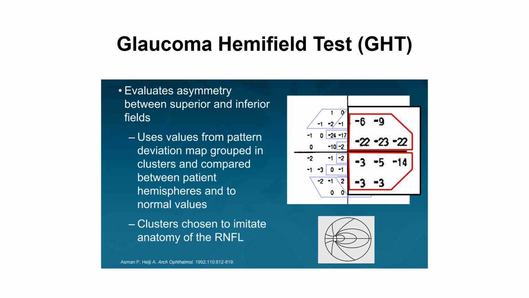And they will give 3 responses, which we'll talk about: outside normal limits, borderline, and normal. You see, for example, here the superior field compared to the inferior field, there is an asymmetric difference: minus 20 decibels in the superior field compared to minus 3 in the inferior field.